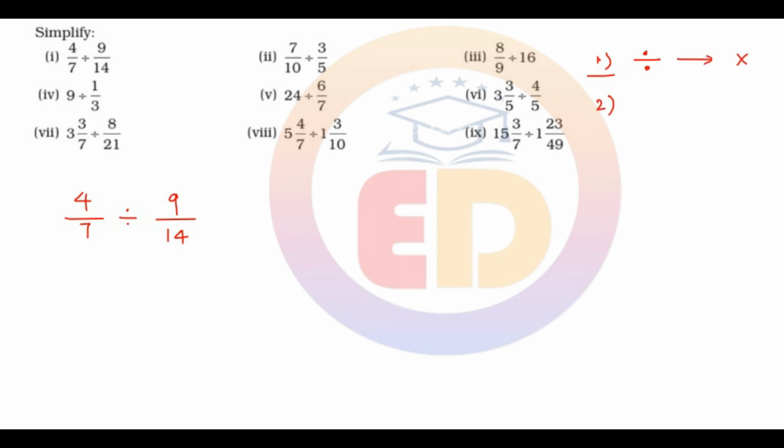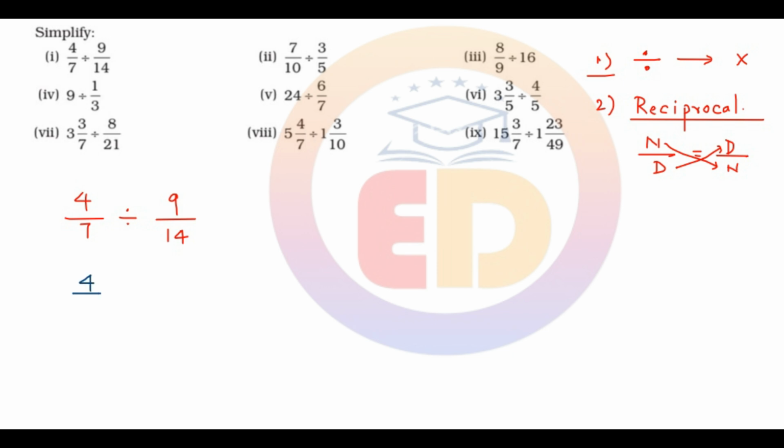Second, the fraction after the division sign will be converted to its reciprocal. Reciprocal means you have to convert the numerator to denominator and denominator to numerator. So denominator will go to the numerator and numerator will go to the denominator. That is the meaning of taking the reciprocal. Let's start this question to understand better.